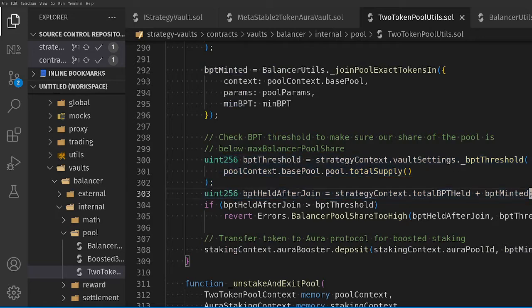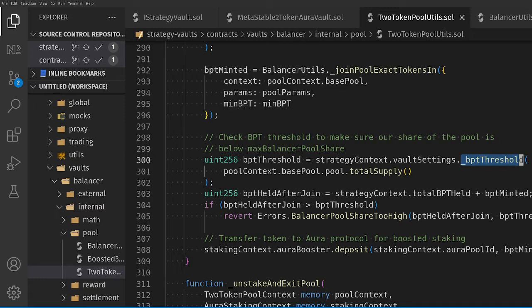One thing we'll do here is check what's called the BPT threshold. For both of these vaults, there's an emergency condition. If for whatever reason the strategy holds too large of a position within the pool, too large of a share of the liquidity, it will have problems exiting its position.